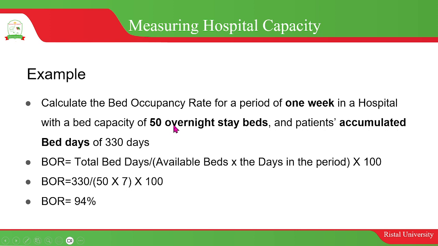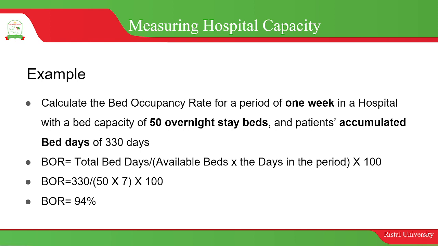So we have our health facility. This is the maximum number of beds we have. And we also have the accumulated bed days of 330 days. What is the meaning of this?